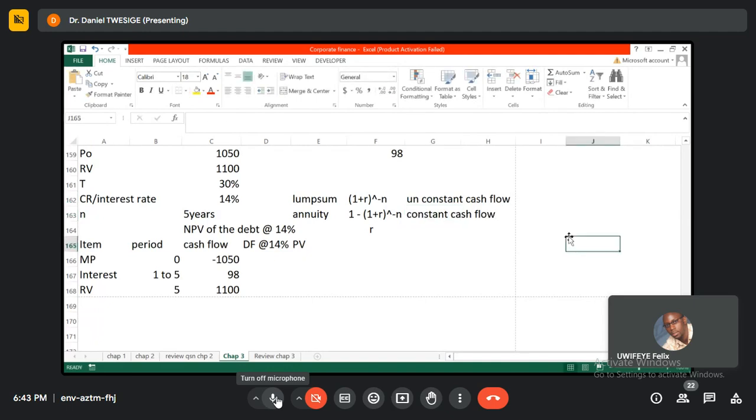So we can now put in here. If we come back a bit on that constant cash flow, it is the whole formula divided by r, or is it 1 plus r power minus n over r? It is the whole formula divided by r.